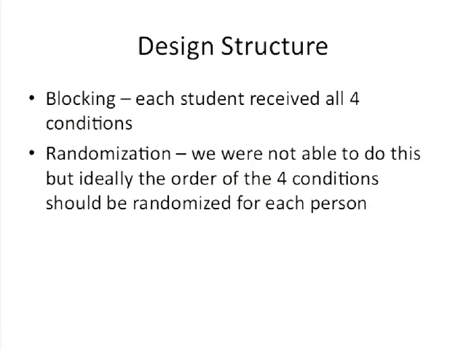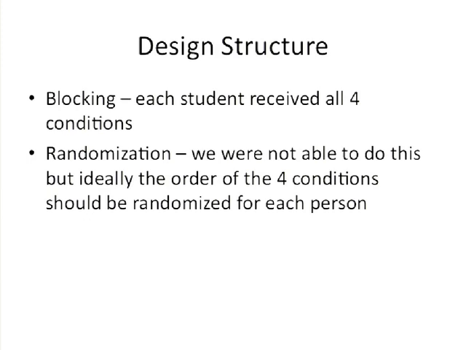Every unit got more than 1 condition. In actual practice, people got many different tries at recalling a row or a whole matrix. So in this case, blocking, each student received all 4 conditions.